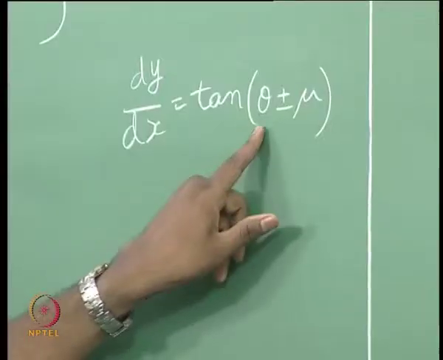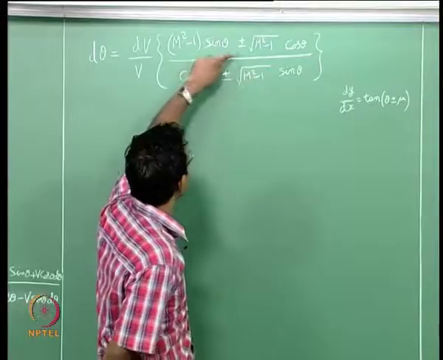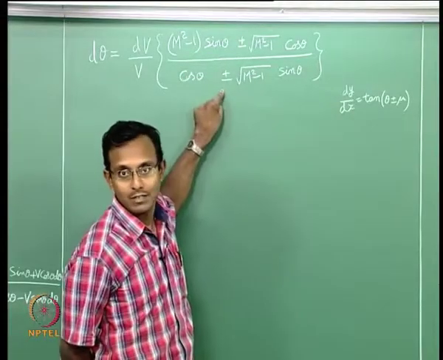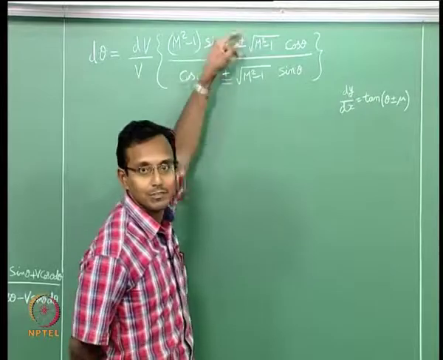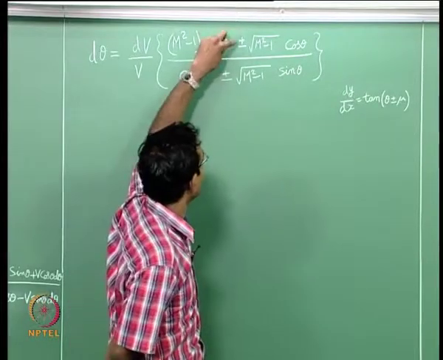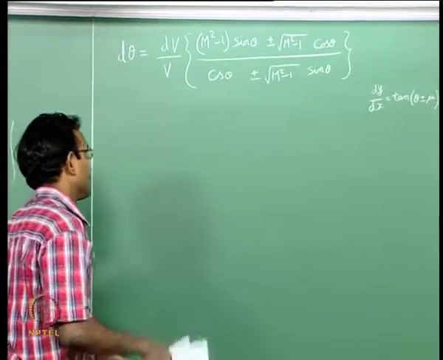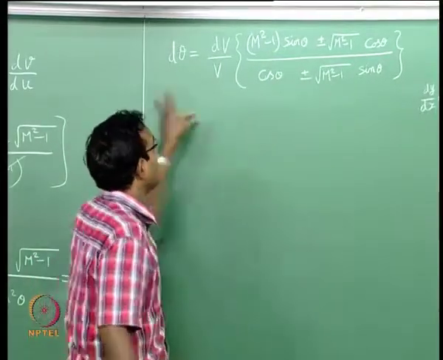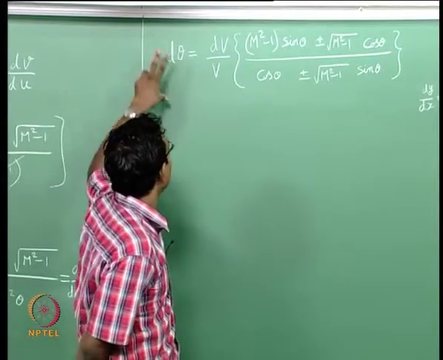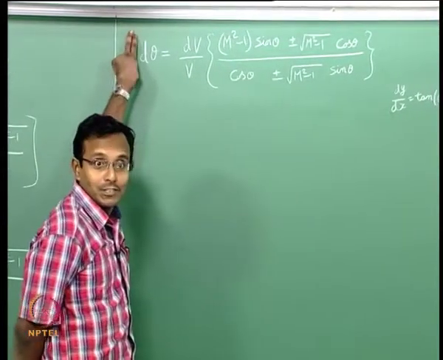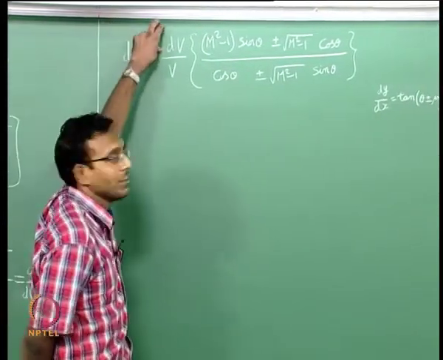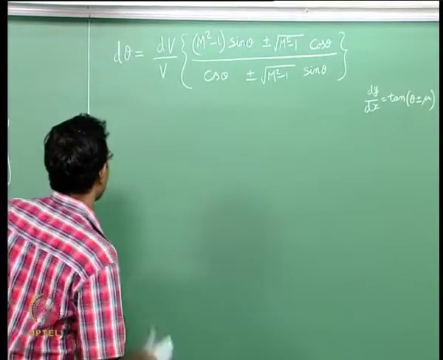If I have theta minus mu here, then I should use the minus here and the minus here. I cannot have four combinations of this plus minus. They are coupled. If there is plus there, this should be plus. If there is minus here, this should be minus. That is the only way I can use it. So, because of that, what we are ending up with is two different differential equations in terms of d theta and dV. That is what we are ending up with finally.